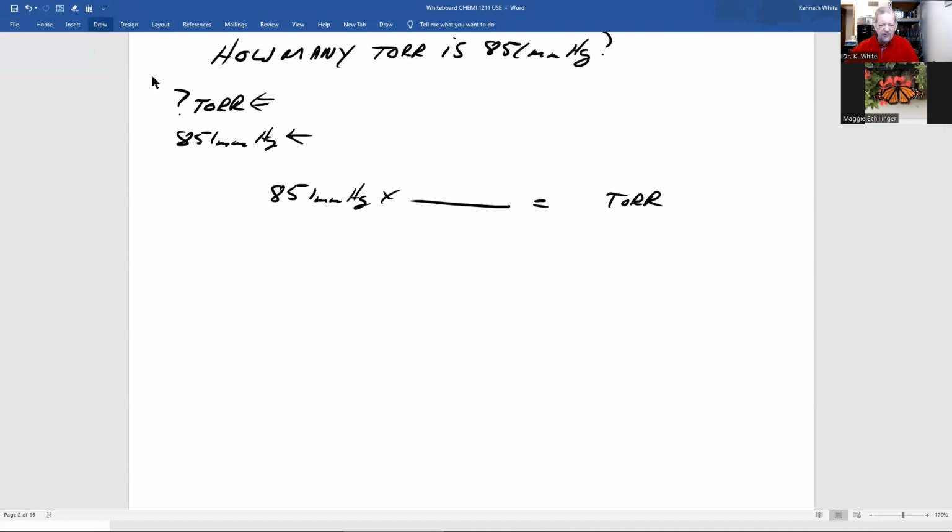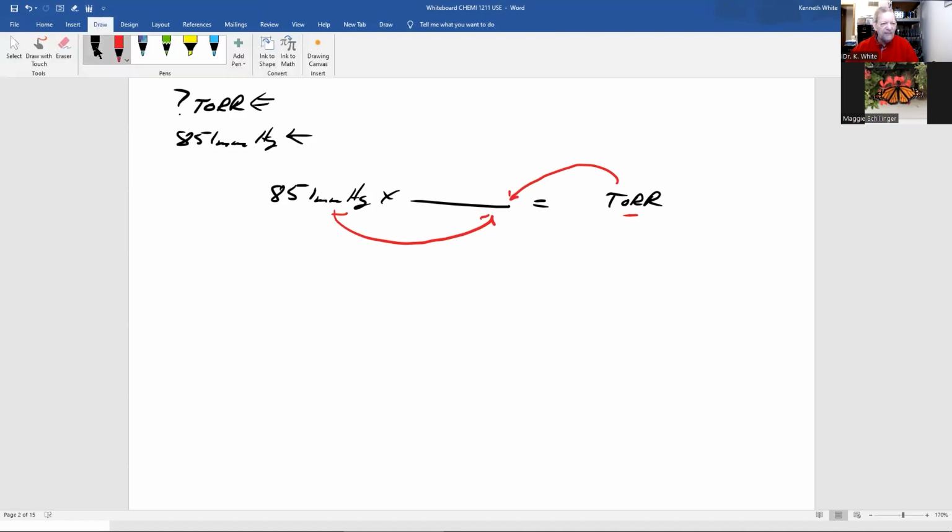If there was a ratio I could convert millimeters of mercury to torr, what would that be? Whatever I'm trying to get to goes on top of that ratio. Whatever I'm trying to get rid of goes underneath. And now I'll write that in.